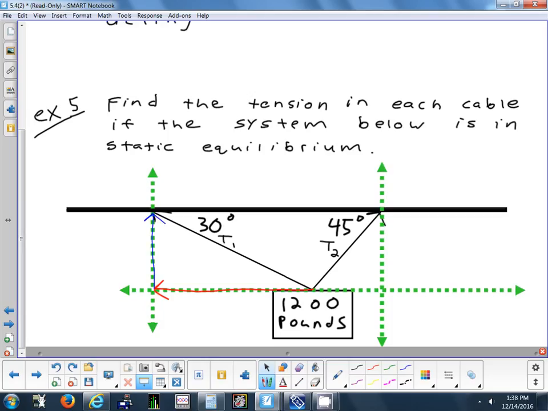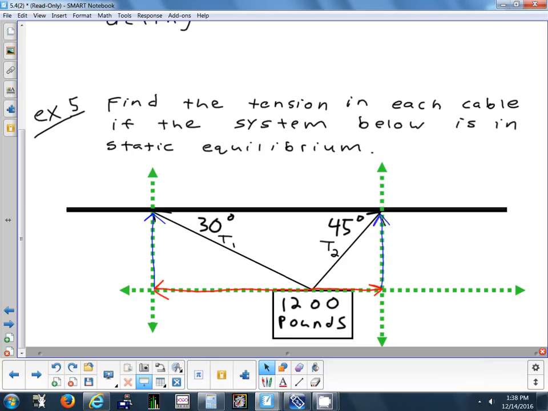This is exactly the kind of diagram we did when we added vectors together. Add the red and add the blue, and you get the first rope. T2 is pulling to the right, and it's also pulling up.